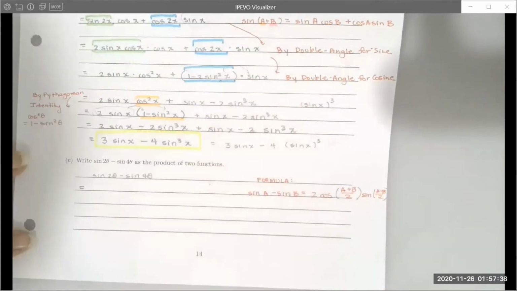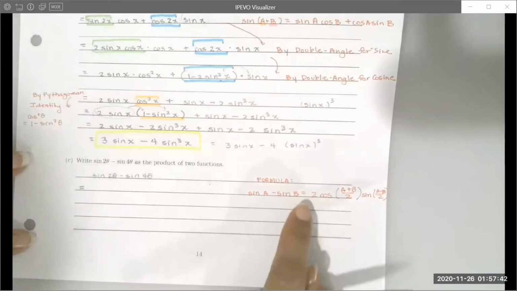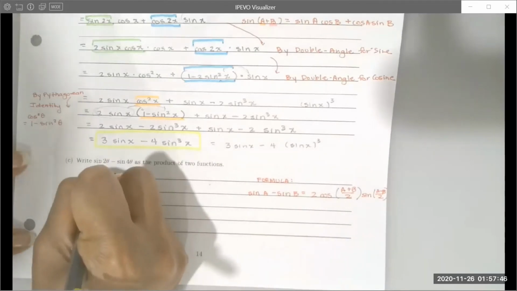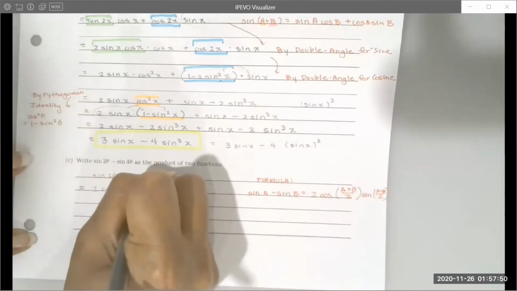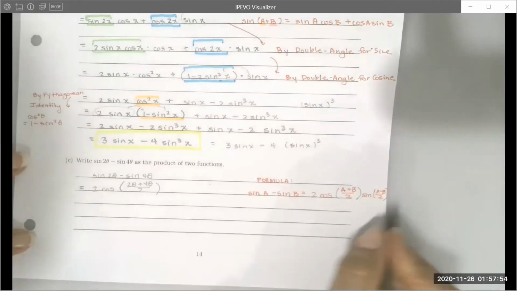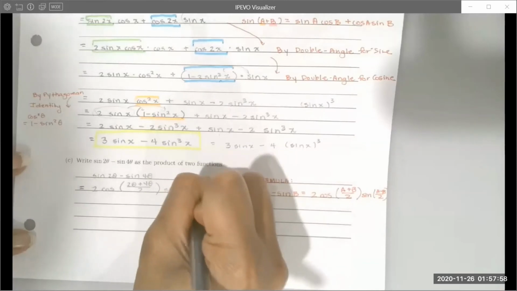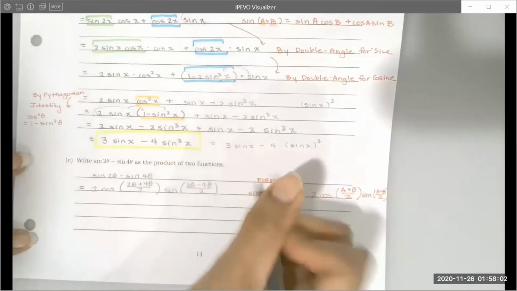All right, so let's see. A is like the 2 theta, and B is like the 4 theta. So we're going to have 2 times cosine of 2 theta plus 4 theta over 2 times sine of the difference. So sine of 2 theta minus 4 theta over 2.